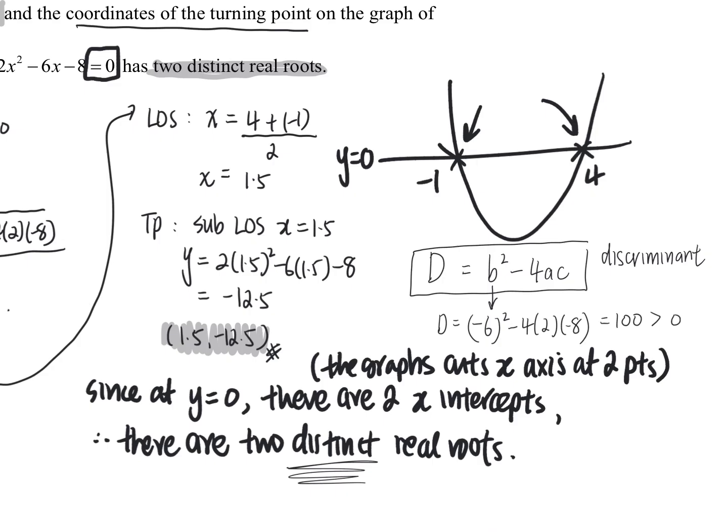This can also be used as an explanation. So you can say that since D is greater than 0, therefore it has two distinct real roots. This is an explanation that is very succinct and concise. So this is an alternative explanation that when you learn more, you can use.